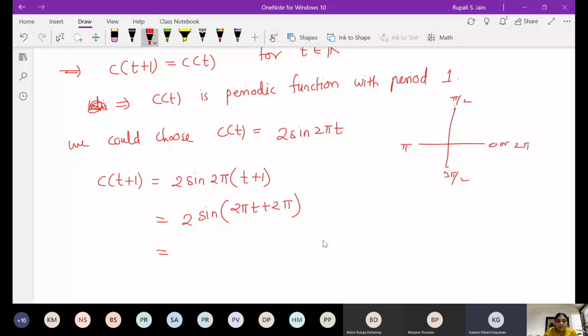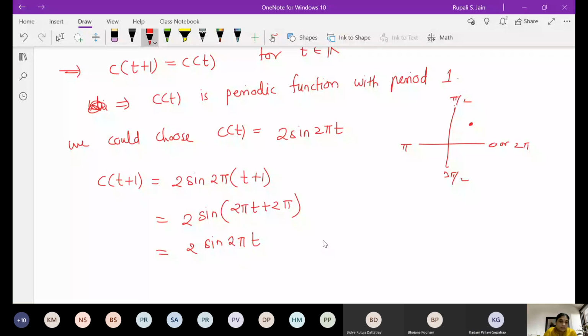So sine of 2 pi plus theta goes in the first quadrant, right? So it is 2 sine 2 pi t, with 2 as it is and sine theta. So 2 sine 2 pi t.